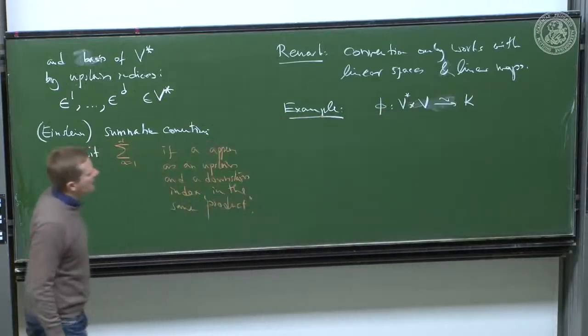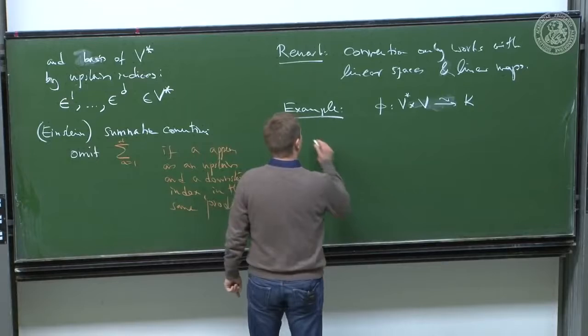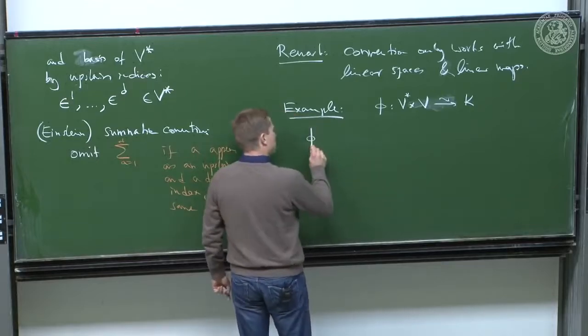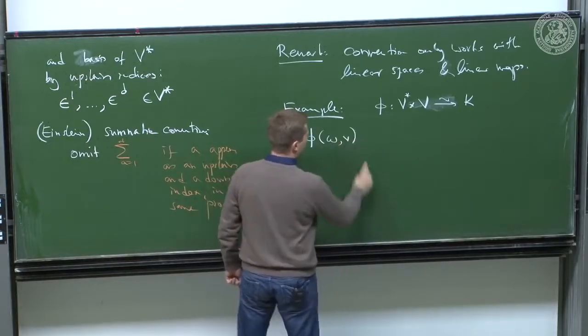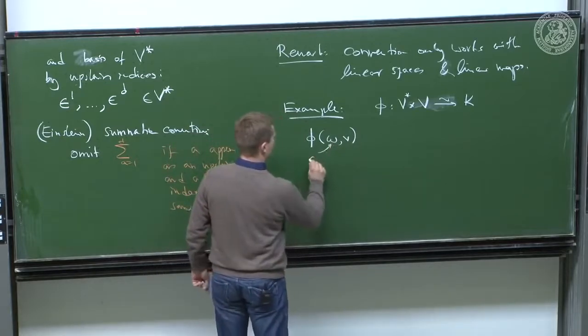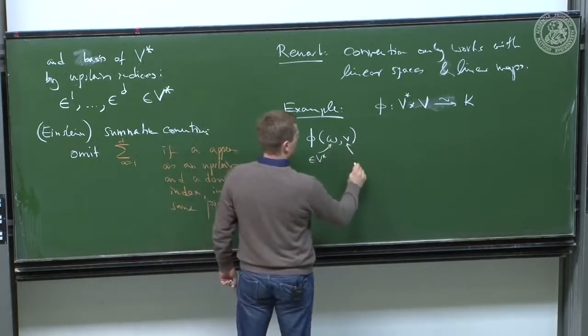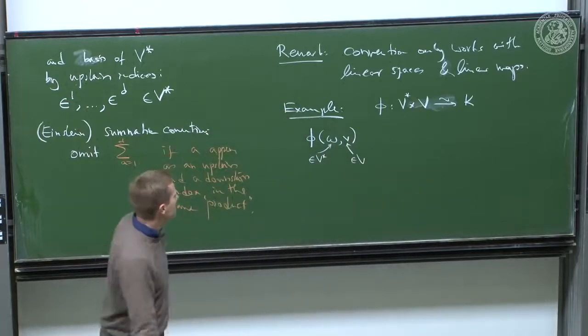So let's let phi be a 1-1 tensor. Now, if I evaluate phi, I can plug in some covector and some vector, and I will get a K. So if this is an element of V star, and that's an element of V. Why? Well, because that is what a 1-1 tensor is.